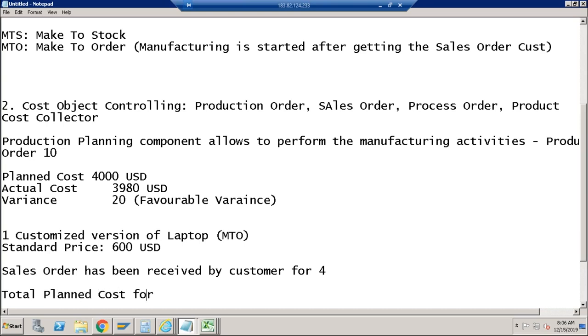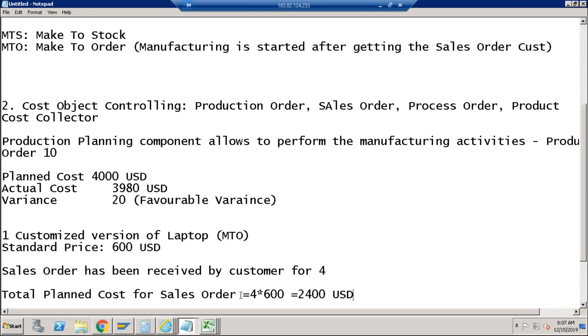Under the MTO scenario, the total planned cost for the sales order would be 4 multiplied by 600. 600 is my planned price of the material per unit, and the order is for 4 units, so it equals 2400. So 2400 will become my total planned cost for the sales order.